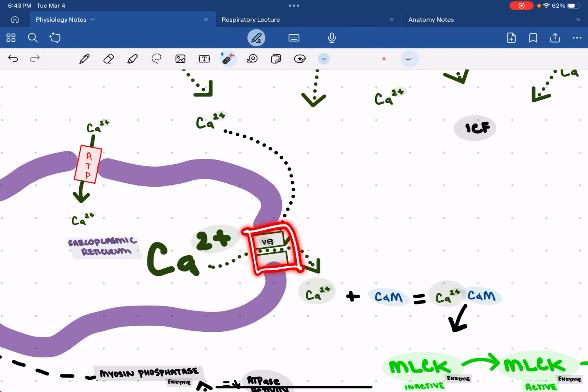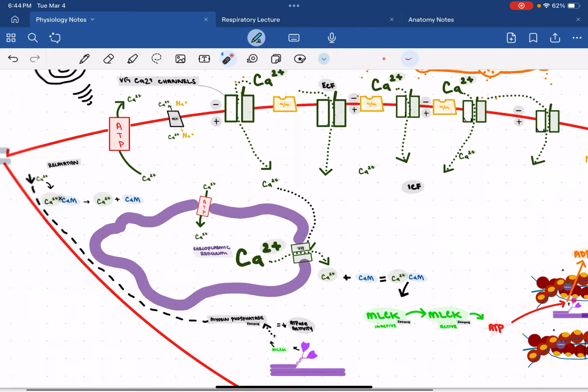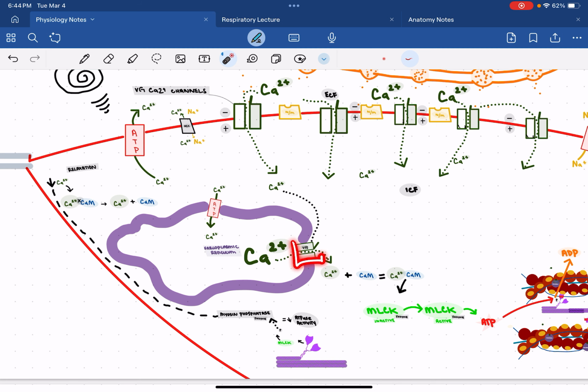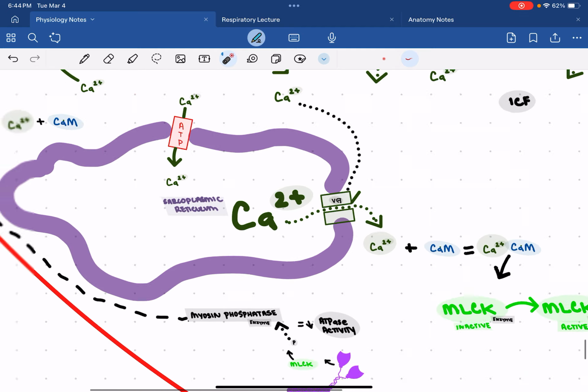And look what we have here: very specific voltage gated calcium channels. We have to know this. This one specifically is voltage gated. These up here could be anything, chemically gated, mechanically gated, voltage gated. This is specifically voltage gated, so that's very important.